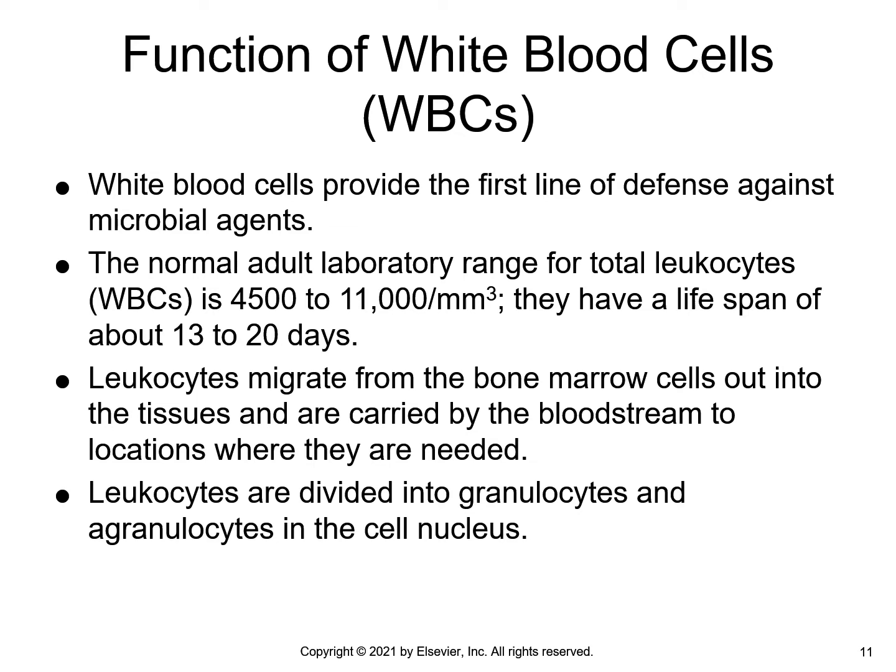It depends on the institution. White cells are divided into different types of cells. So granulocytes are divided into neutrophils, eosinophils, and basophils. These are all produced in the bone marrow.